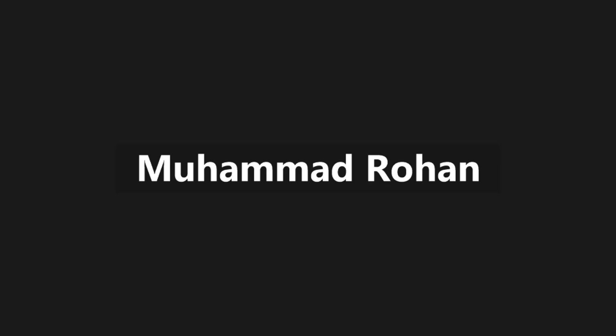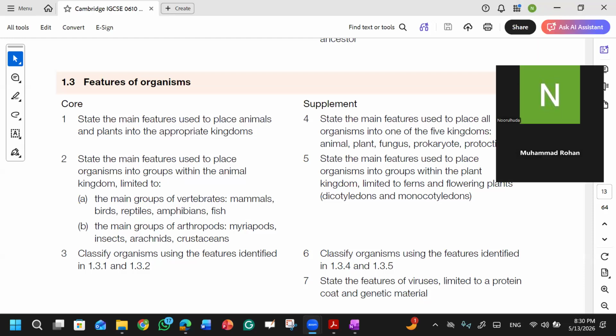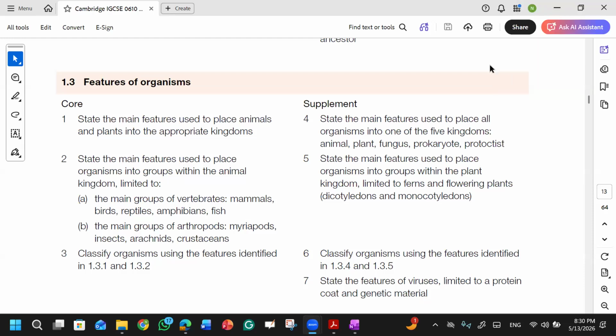The five kingdoms are Kingdom Protista, Kingdom Fungi, Kingdom Plantae, Kingdom Animalia. Good. Now in section 1.3, we will discuss their features. What are some common things in them? What are some similarities, and what are some differences? On this basis we will classify the organisms, right? So we are going to start section 1.3 now.